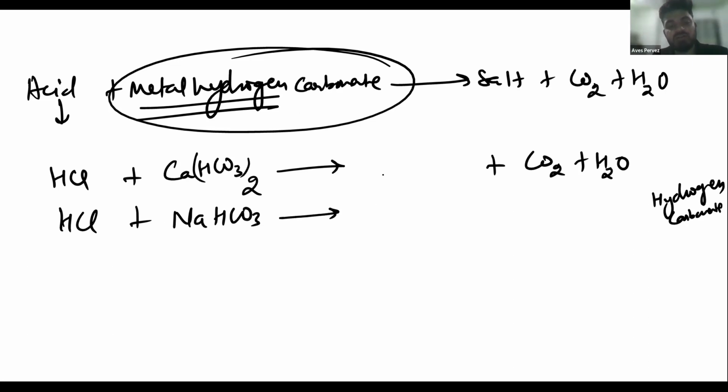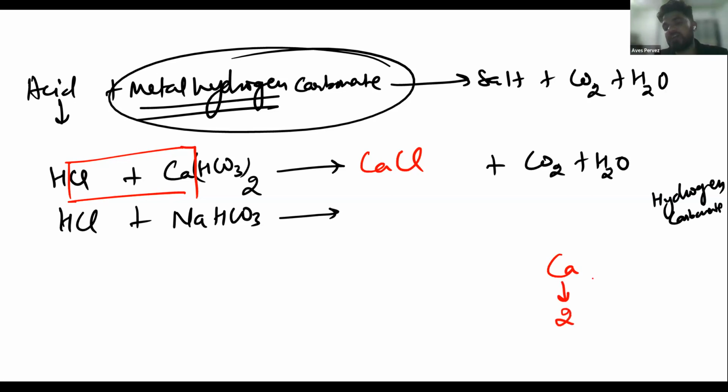CaCl2. Yes, CaCl2. Write the acid first, and these are going to form the salt. But the formula for calcium chloride is not CaCl, it is CaCl2, because the valency of calcium is 2 and chloride ion is 1. You cross multiply, it will give you CaCl2 plus carbon dioxide plus water.